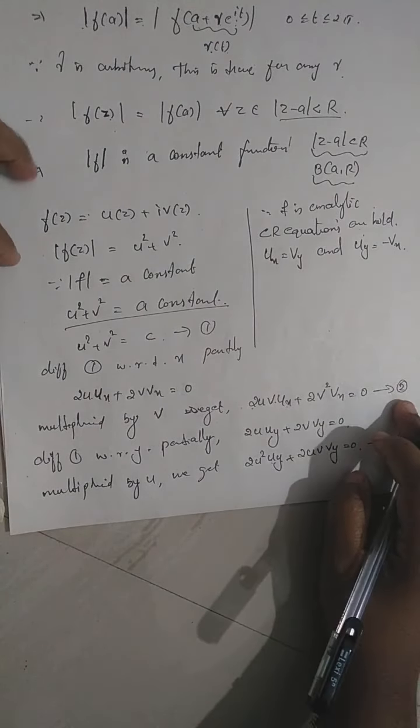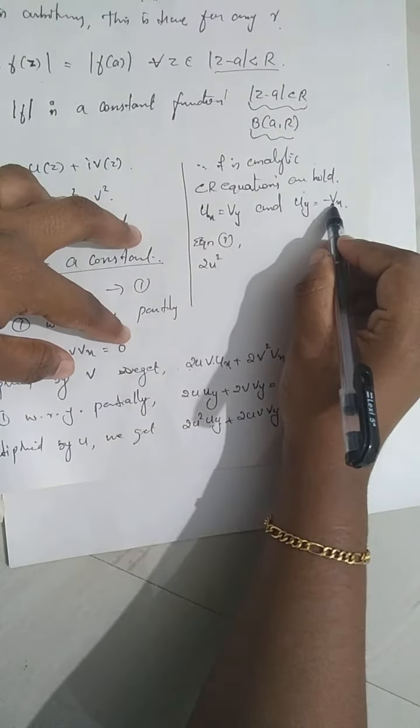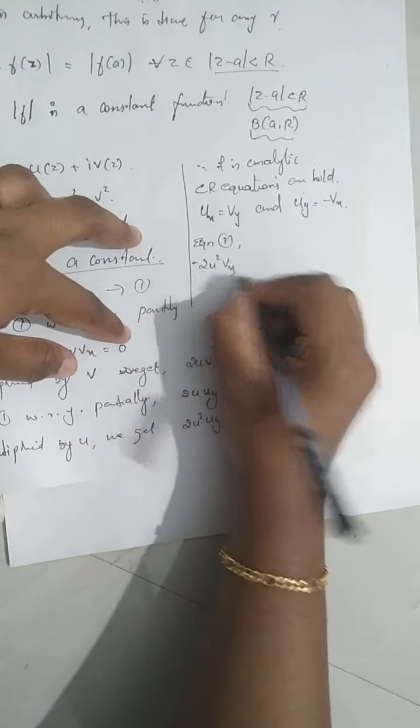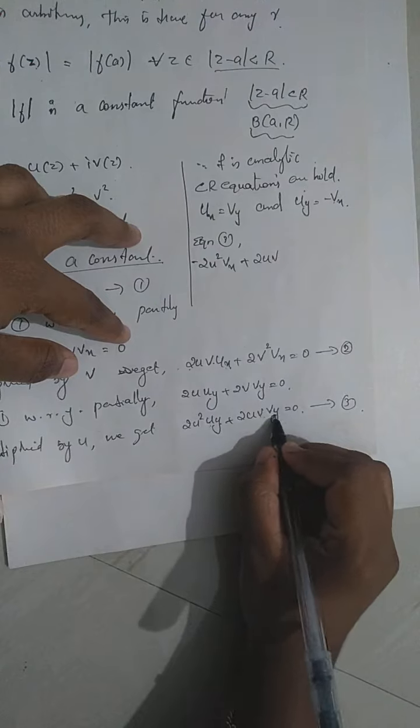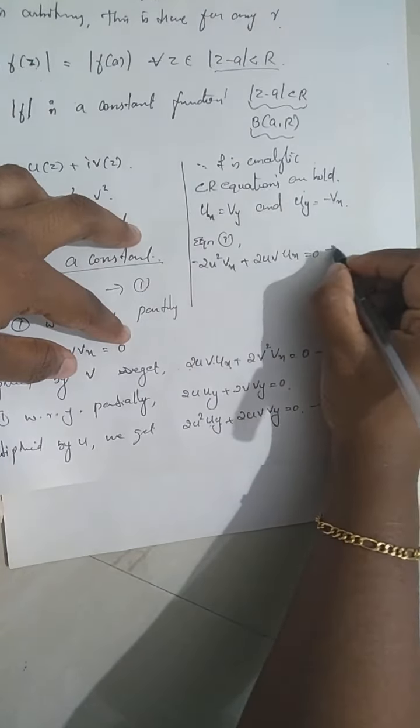So from equation 2, I am going to substitute u_x as v_y and v_x as -u_y, and you get again one equation. Now equation 3 can be written as 2u²(-v_x) + 2uv(u_x) = 0, since instead of u_y I can write -v_x and instead of v_y I can write u_x. Suppose this is equation number 4.